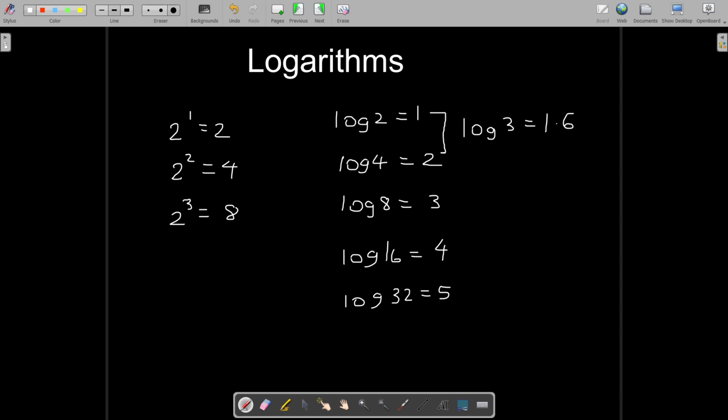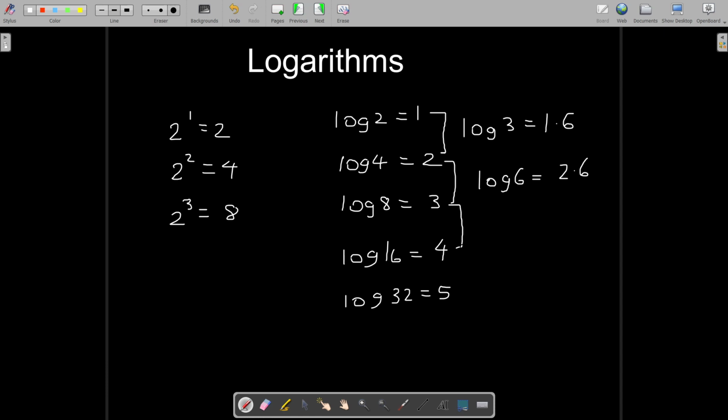Its log is 1.6. Similarly, log 4 and 8 we know. Log 4 is equal to 2. Log 8 is equal to 3. So 6 is between 4 and 8. Log 6 is equal to 2.6.